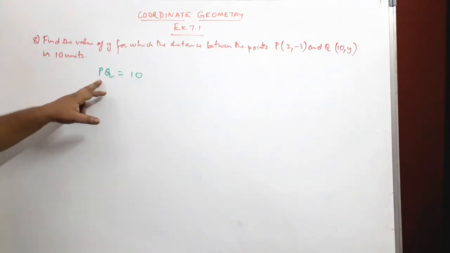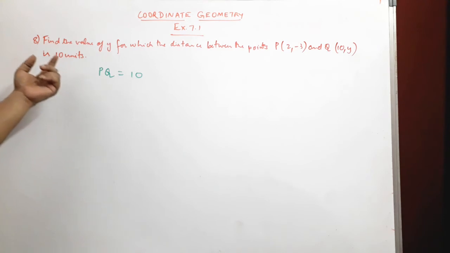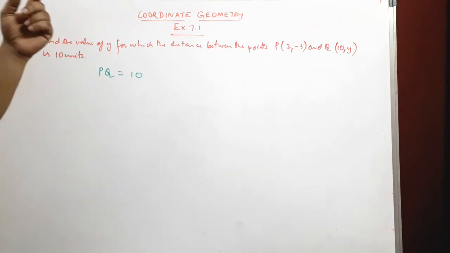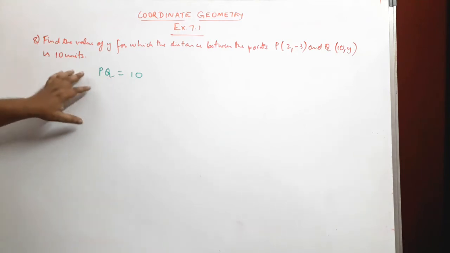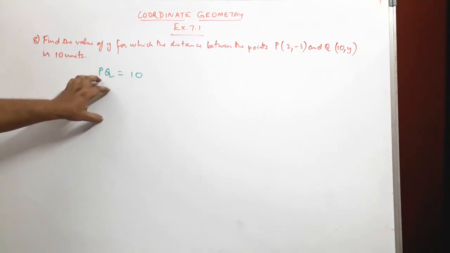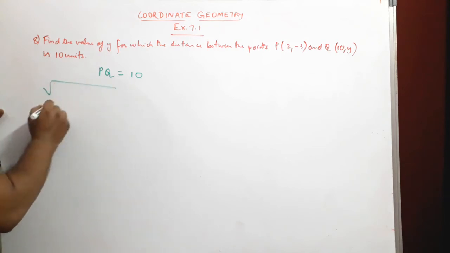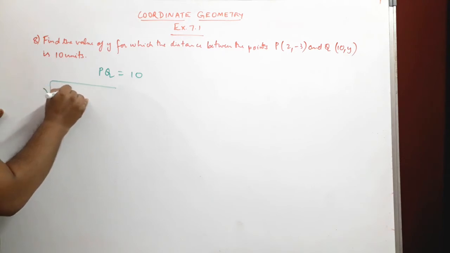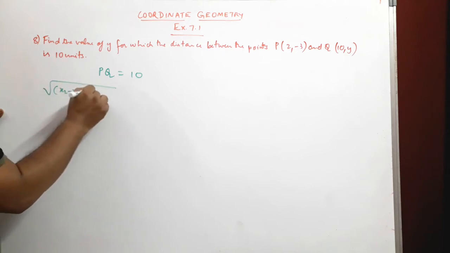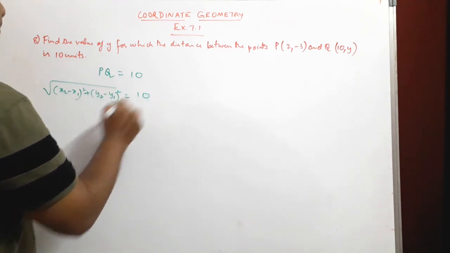So for that we will have to use the distance formula and solve for it, and we will get y because we have been given the distance over here. So we will take PQ and use the distance formula for PQ. So we have x2 minus x1 whole square plus y2 minus y1 whole square equal to 10.